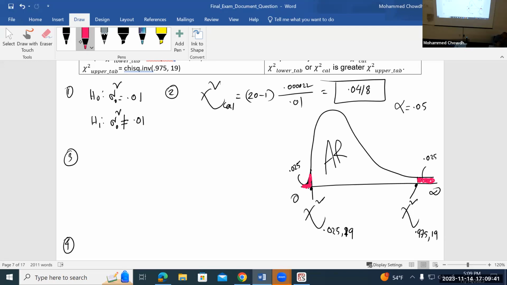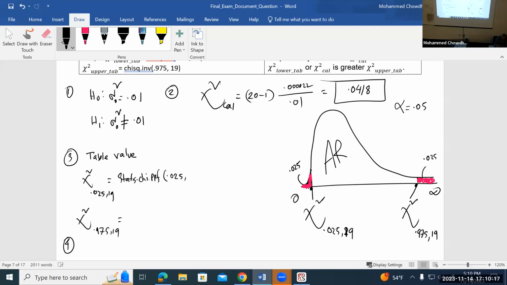So now let us find the table value. Table value, we want to find chi-square 0.025 with 19, and chi-square 0.975 with 19, which we can obtain by using stats.chi2.ppf(0.025, 19) and then stats.chi2.ppf(0.975, 19).